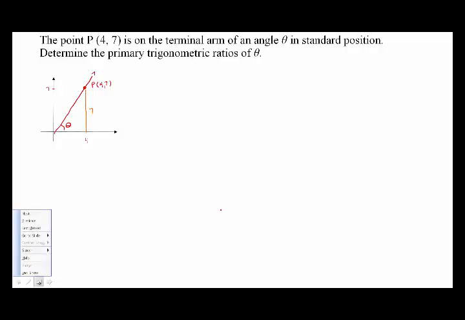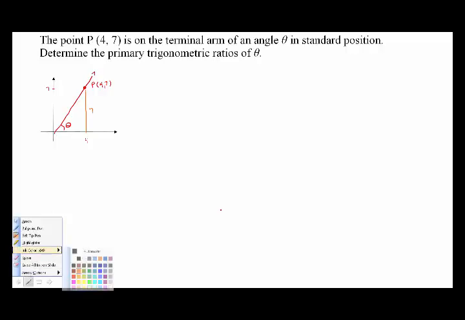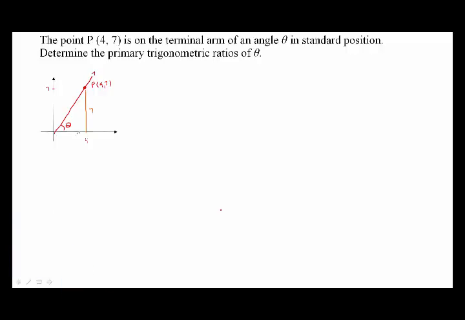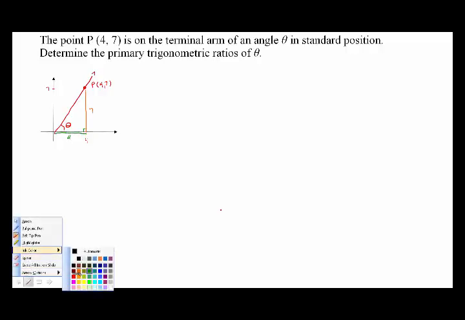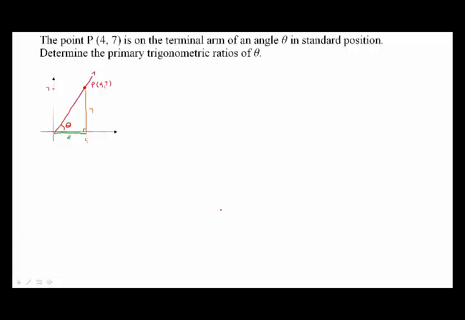That was 7. That's 4. We've now got ourselves a nice triangle here. Theta. We've got 4. We've got 7. This we worked out from before to be root 65. That's what we found from the previous question.